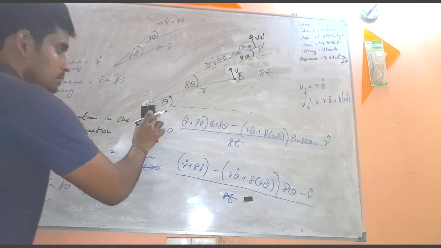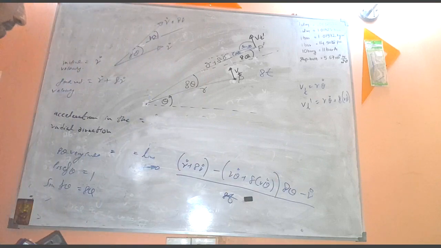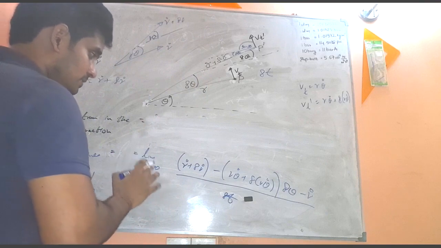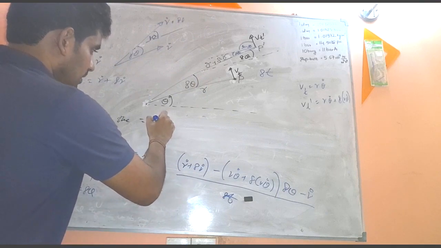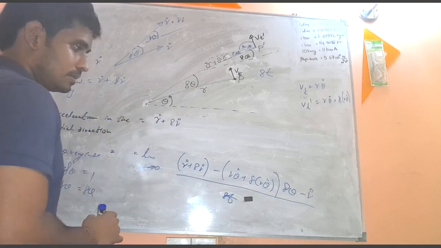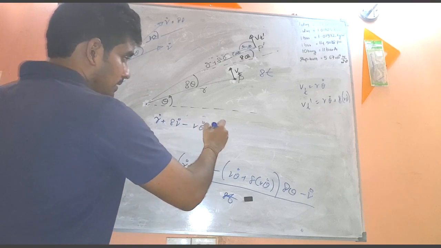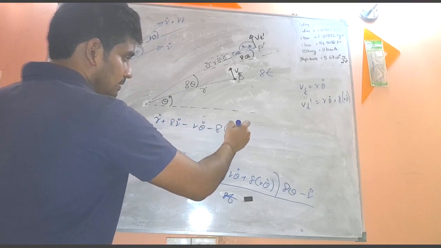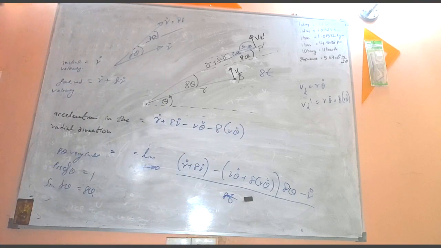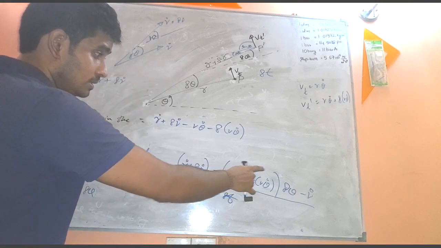Now I will erase this part again, because I have to adjust some space. First let's simplify: r dot plus delta r dot, minus r theta dot, minus r theta dot times delta theta.